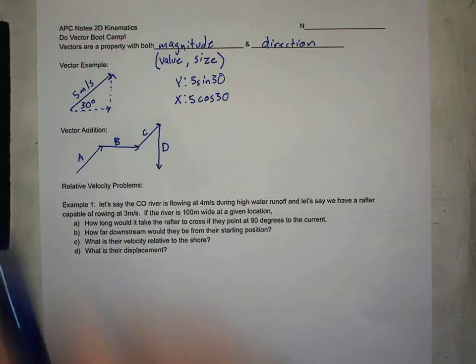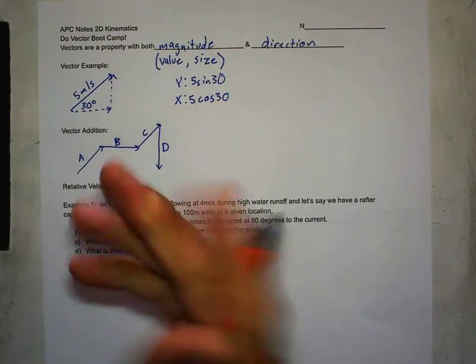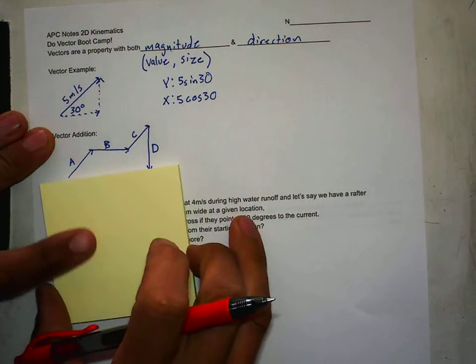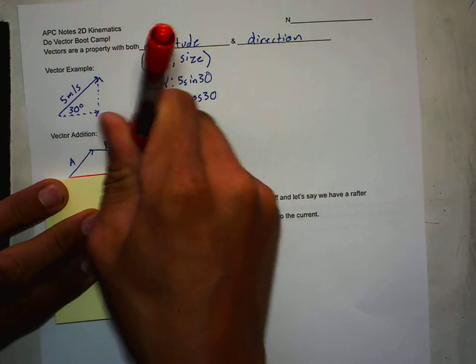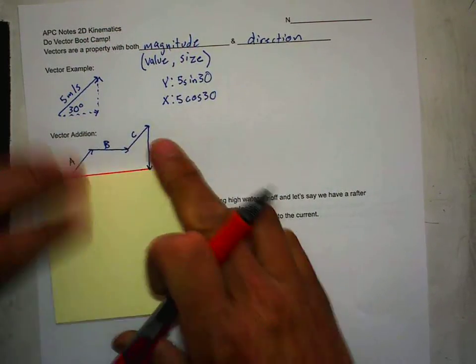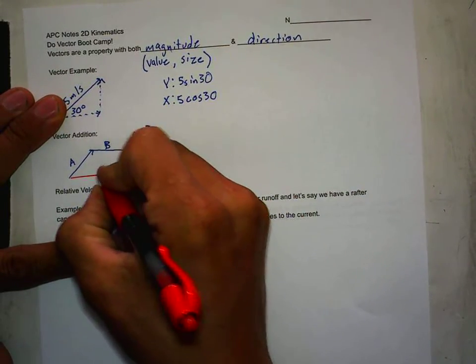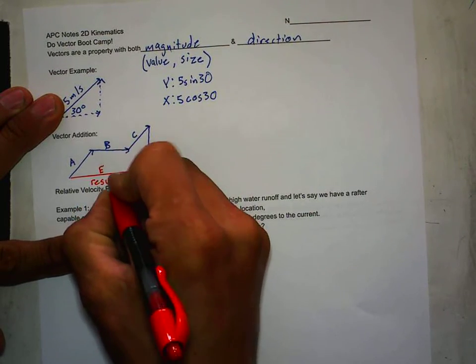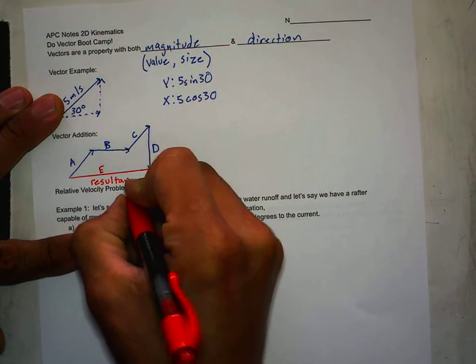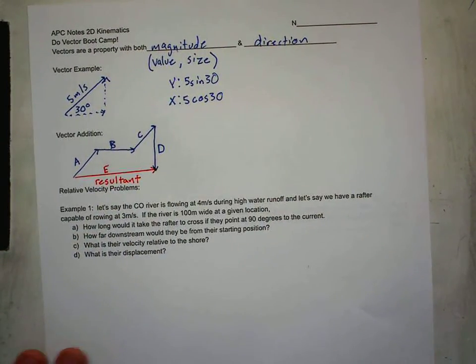Okay? Now our resultant vector is this one. Okay? Start from your origination point, and this is your resultant vector. So vector E would be resultant. Okay, and if these are position vectors, it's your final position from 0.